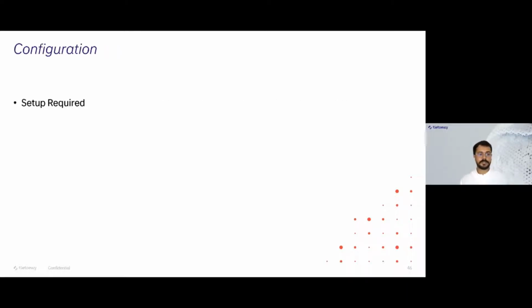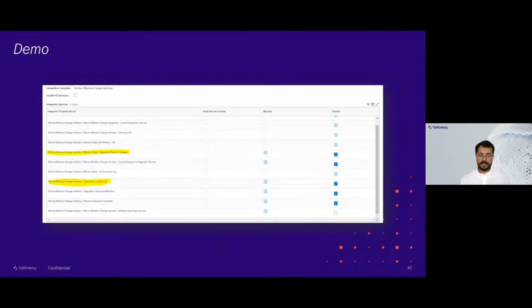So here setup is required. I have attached the screenshot of what exactly we have to do. We have to go through the services, and in the services, we will have to select this one, that is effective stack expanded effective changes. And then we have to select the transactional log services.